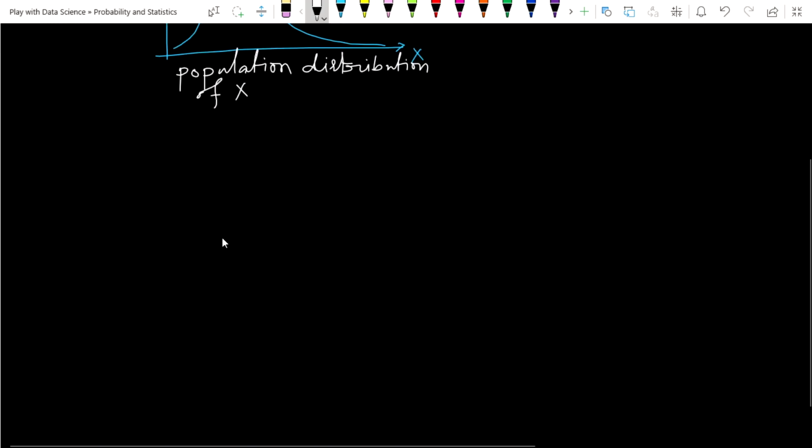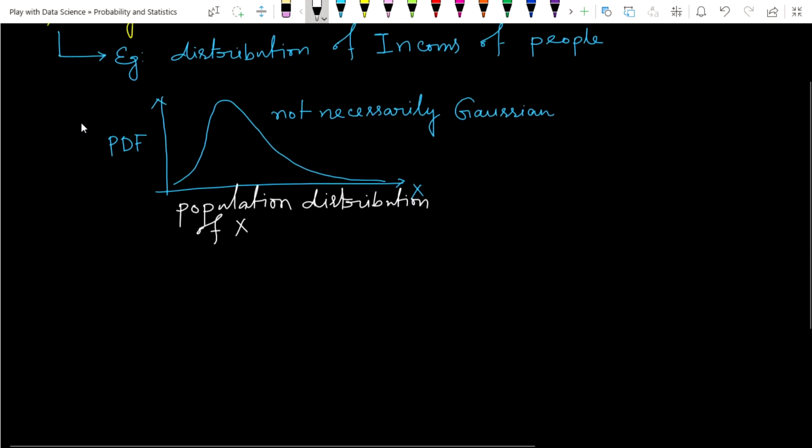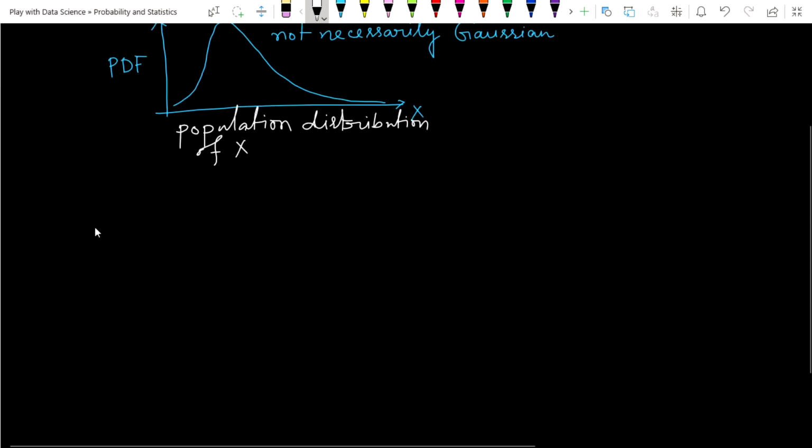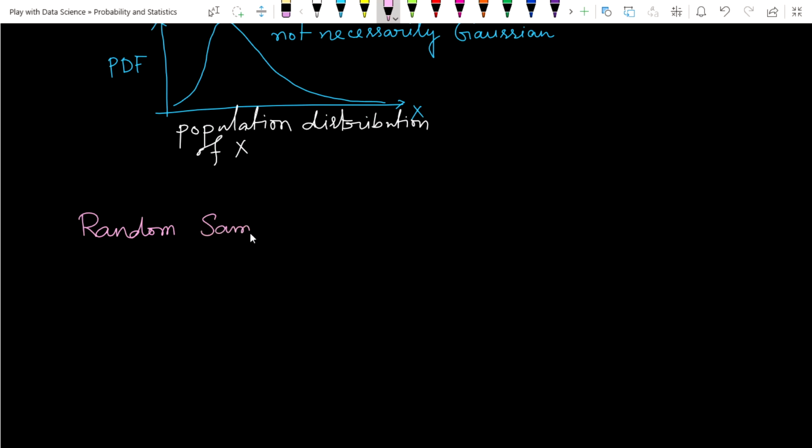So the first step is to collect a random sample from this population, a random sample of size n.